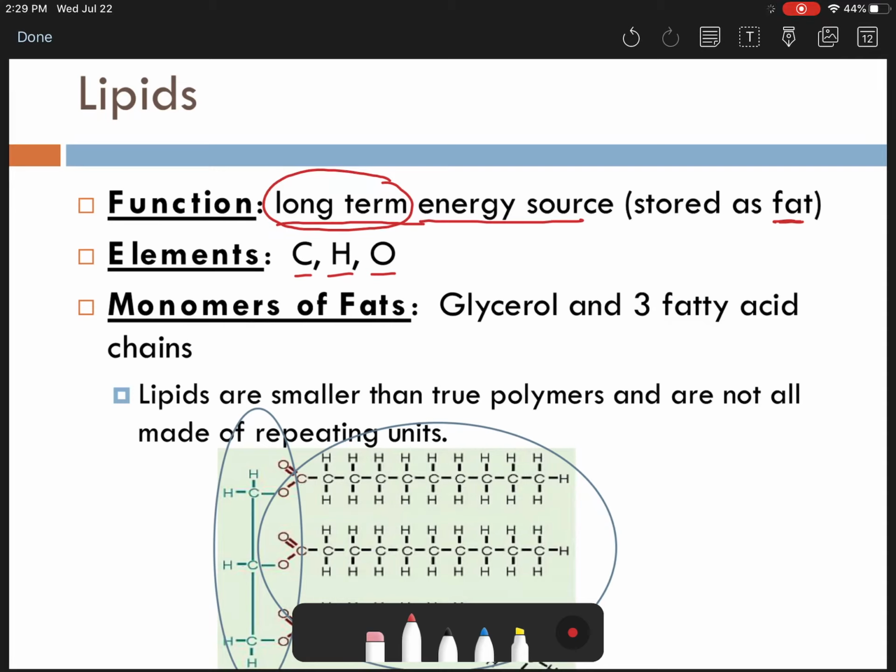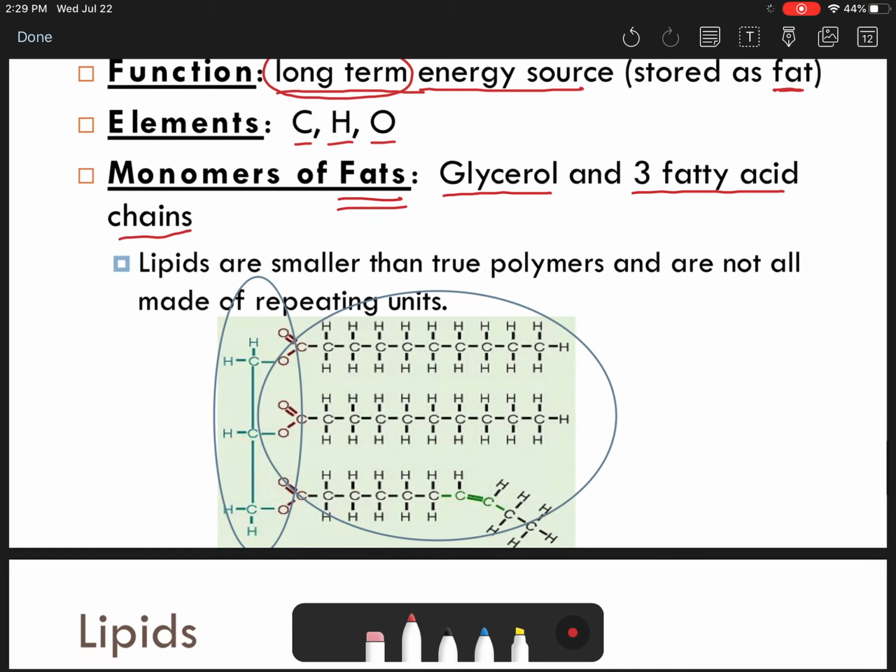So again, remember CHO as part of trying to remember what elements are found there. Now, lipids are kind of unusual in that they are not made up of particular monomers like our other macromolecules are, but fats in particular are made up of subunits. They are made up of one glycerol molecule and 3 fatty acid chains.